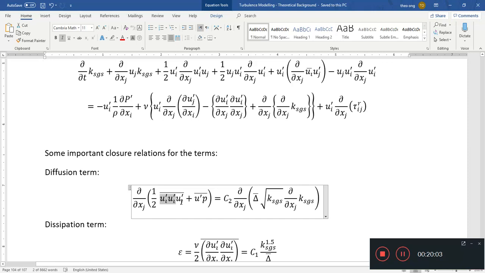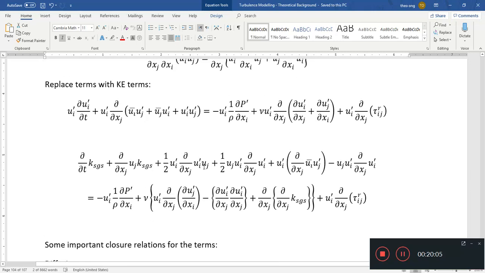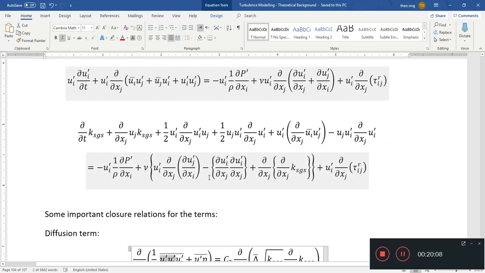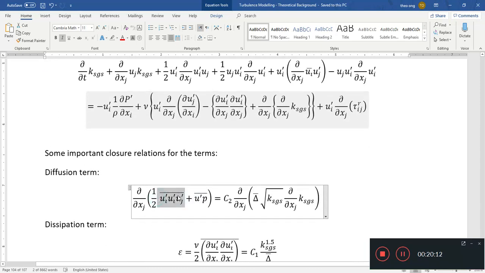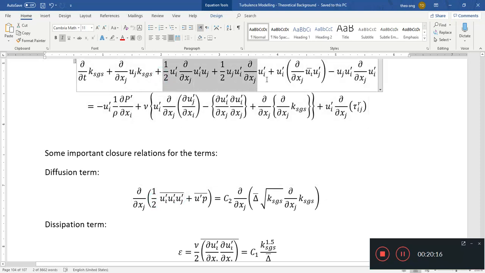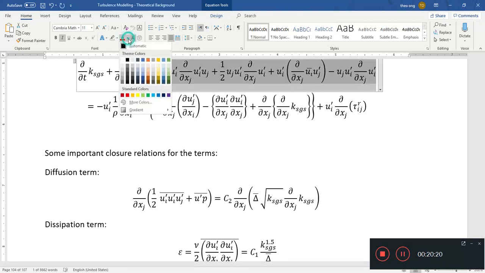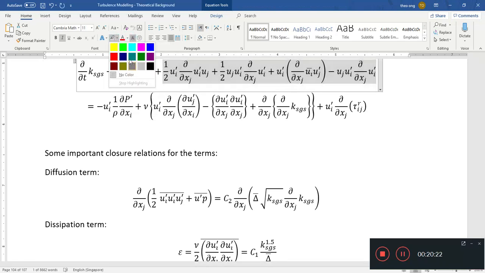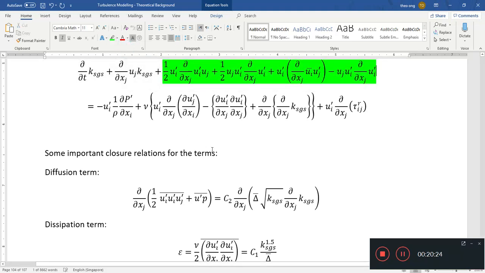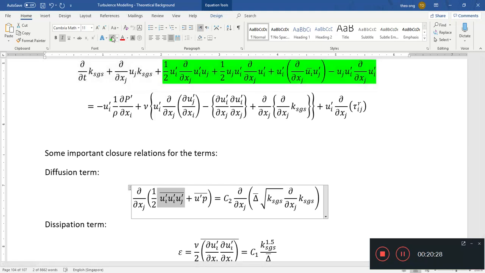I'm not going to do those terms, but I roughly show you which terms these are probably referring to. These are probably these three or four terms here, which I want to give a green highlight. So this is the green highlight term.